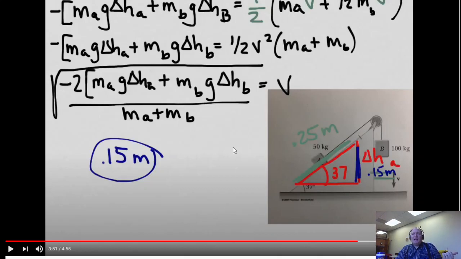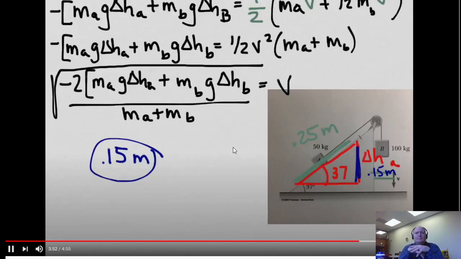So I'm going to say it's going to take a couple of seconds, 2-3 seconds, maybe 10 seconds to travel a quarter meter. I'm going to say between 0.1 and 1 meter per second.